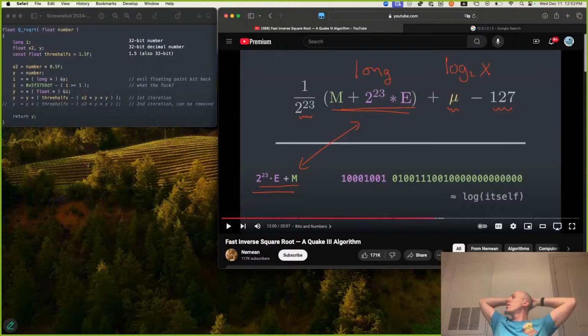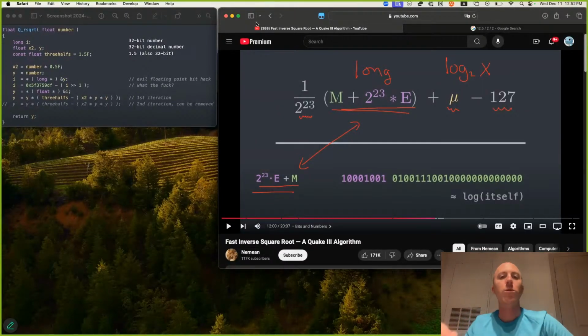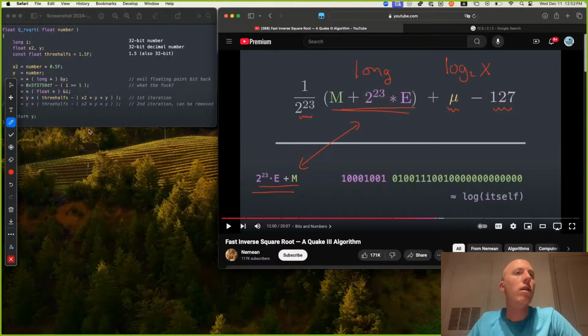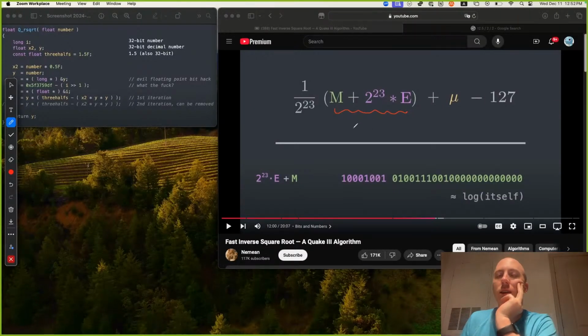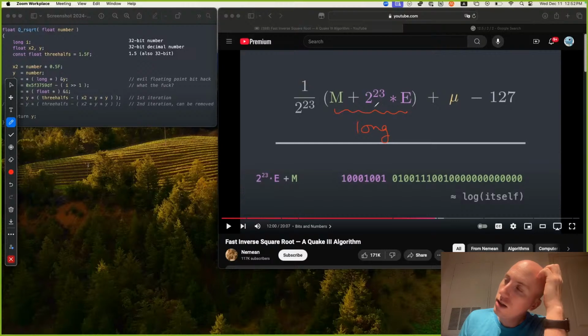I guess what that's saying is, if we have a number, if we just have a long in our hands in this representation, this thing was kind of the log.